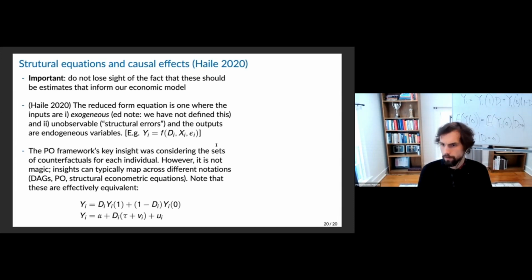When we started at the top of the hour, we talked about the idea that we have a causal model in mind, even when we're not doing causal estimates, that informs our economic model. Even if you write something down that you call reduced form, a reduced form equation is something that is implied by a structural model.